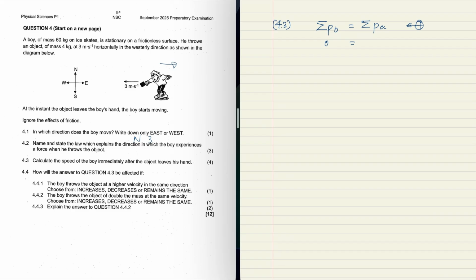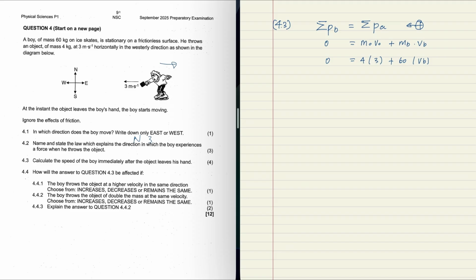And so once the boy throws it, they move as independent objects. So it's going to be the mass of the object times the velocity of the object plus the mass of the boy times the velocity of the boy. So 0 is equal to, the mass of the object is 4, the velocity of the object is going to be 3, plus the boy is 60, and the velocity is VB.